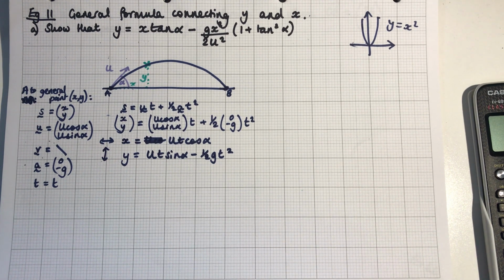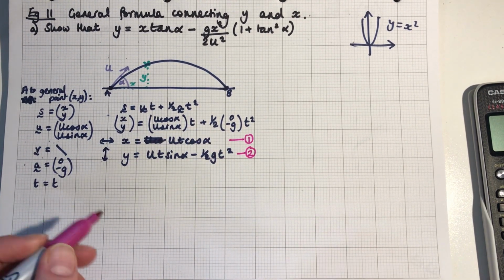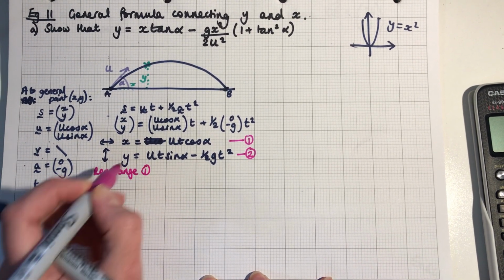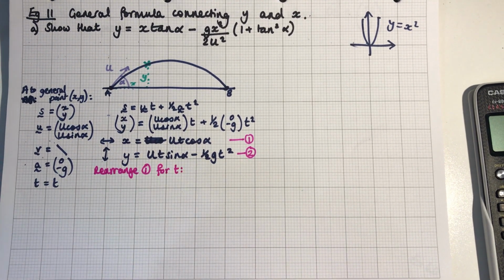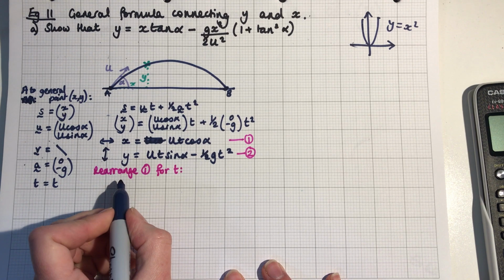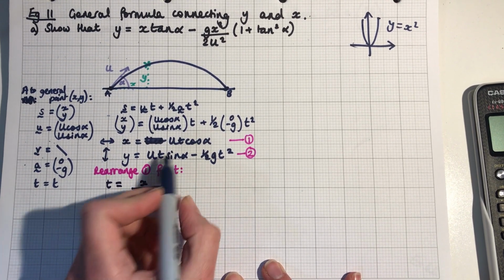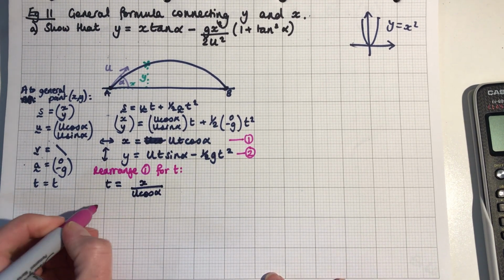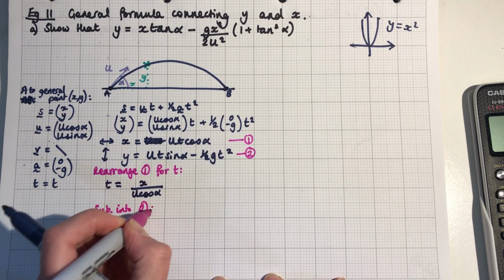To make this really clear, I am going to label this equation 1 and this equation 2. I'm going to rearrange equation 1 to make t the subject. So t is equal to x over u cos alpha. Now I'm going to sub this into equation 2.